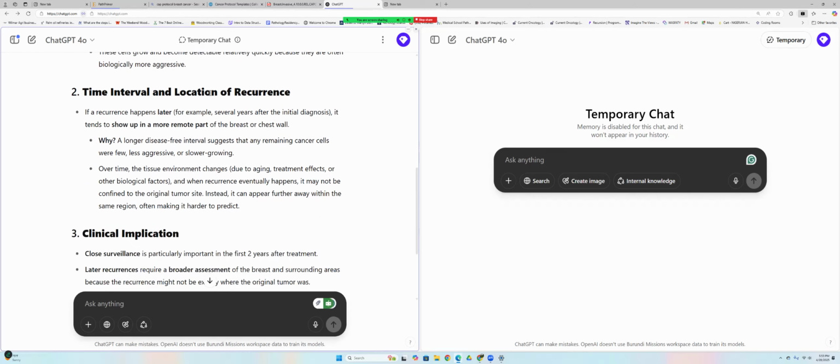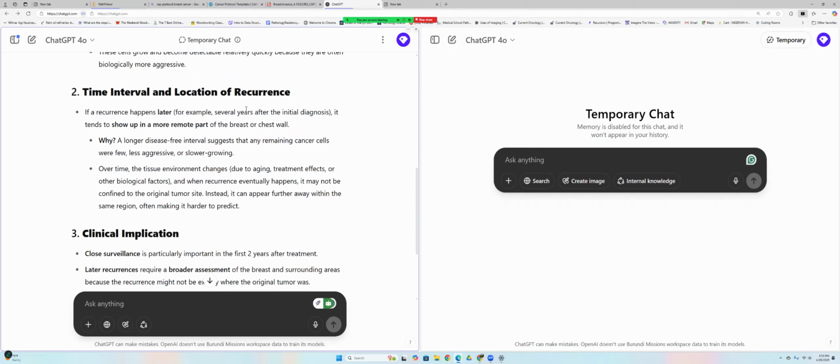Time interval and location of recurrence. If a recurrence happens later, for example, several years after the initial diagnosis, it tends to show up in a more remote part of the breast or chest wall. Why? The longer the disease interval, research suggests the remaining cancer cells were few, less aggressive, and slower growing.